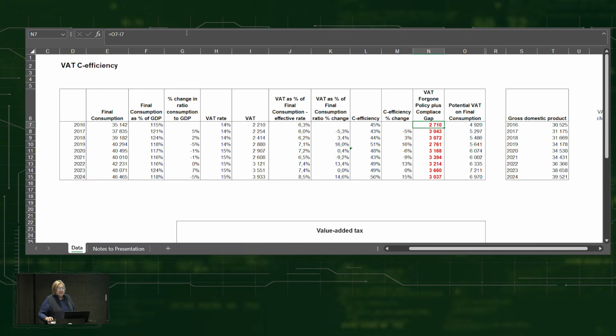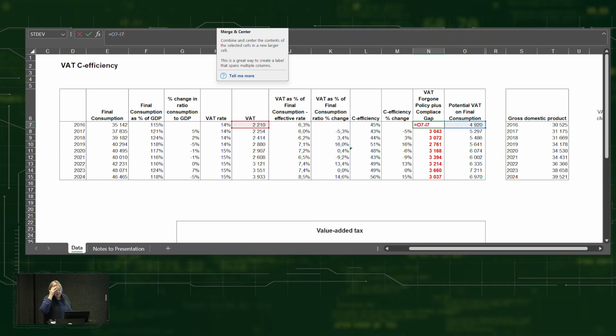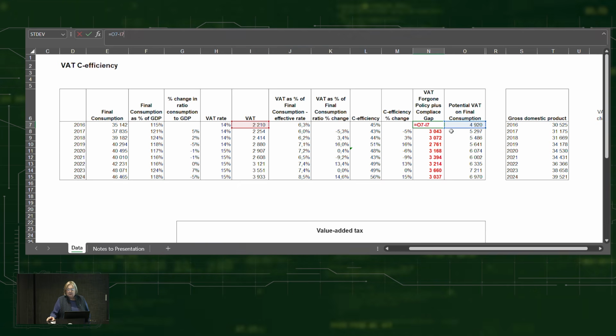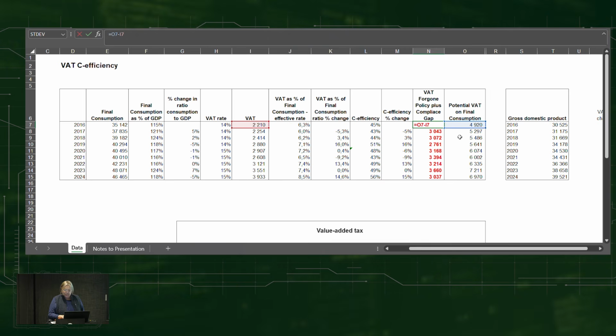Now you want to work out how much revenue was foregone. So you look at the potential VAT on final consumption, that's your uniform rate. If I've applied the rate to my total base with no policy gaps and no compliance gaps, how much would my revenue be? The difference between what you've collected and your potential VAT, or your uniform rate, is your tax gap.